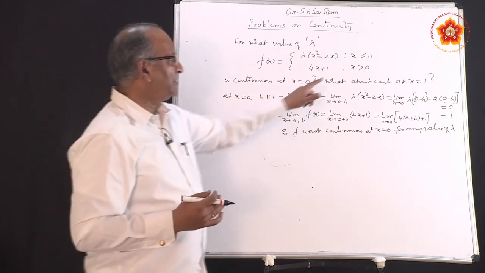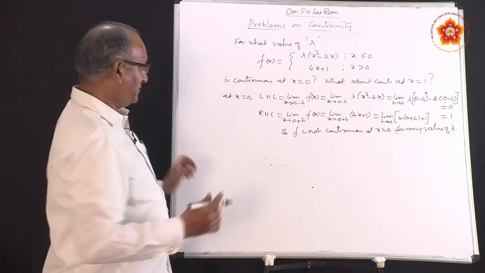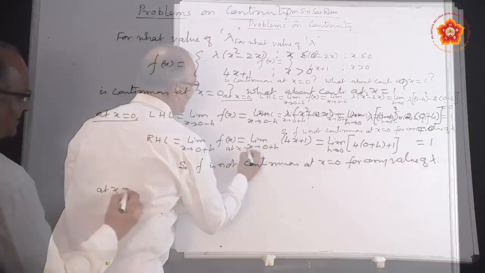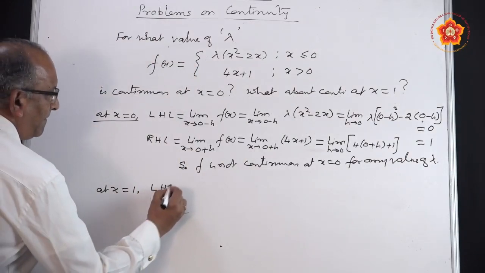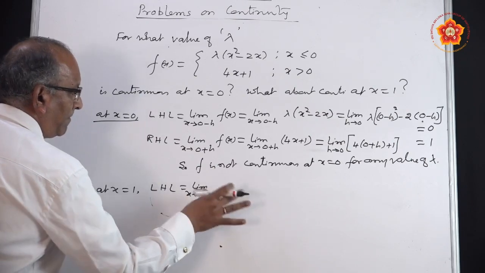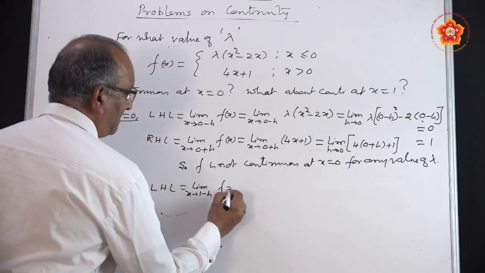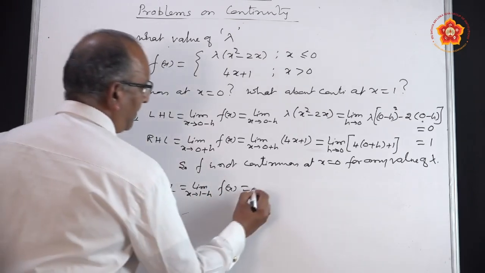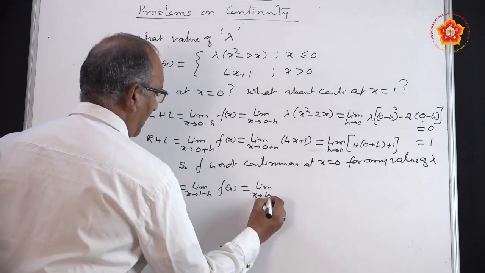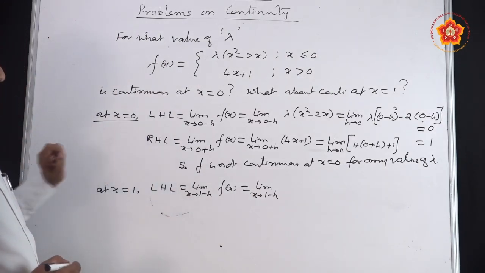Come to the second part of the problem. What about the continuity at x equal to 1? Let us find out at x equal to 1. This was at x equal to 0. Now find out at x equal to 1. What is the function if it is less than 1?